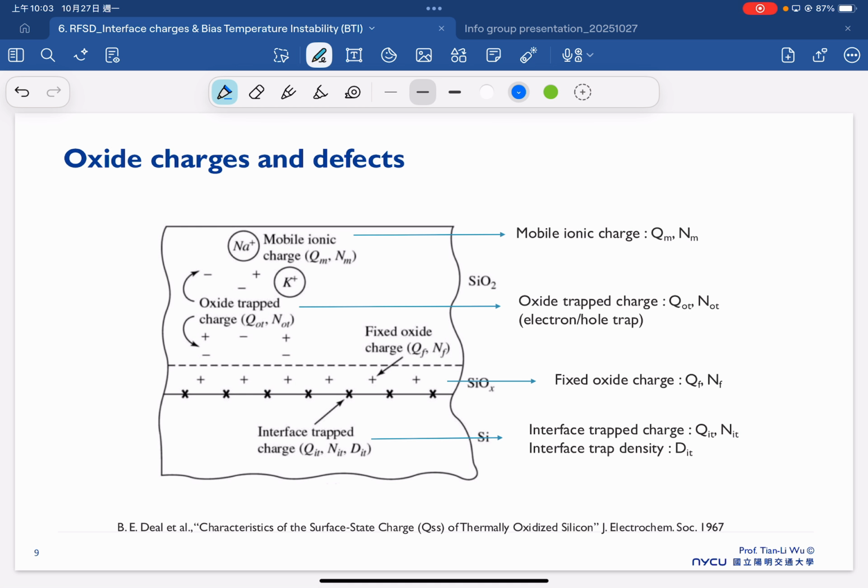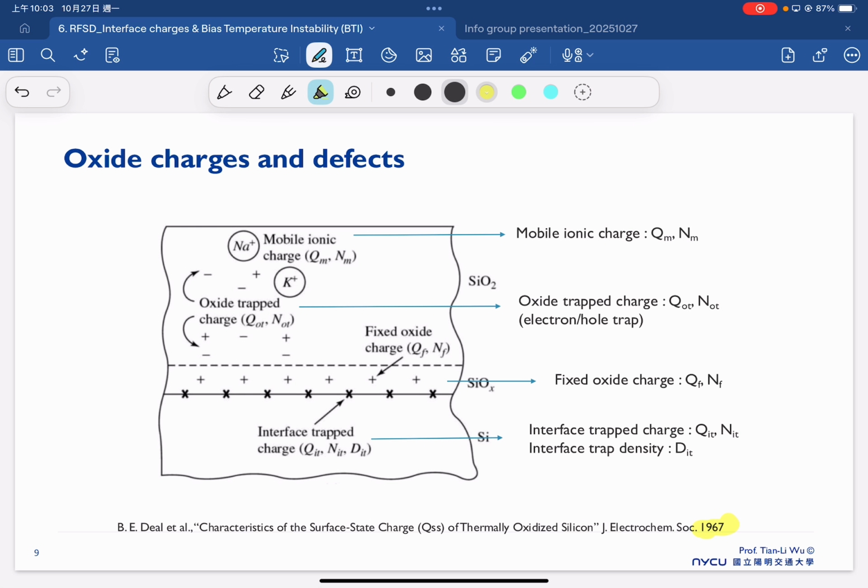One thing I want to emphasize is that this schematic comes from a very old literature from 1967. This researcher already made a very comprehensive report of all 4 possible different charges that can exist inside our dielectrics.